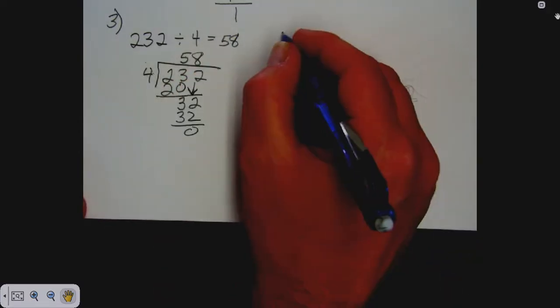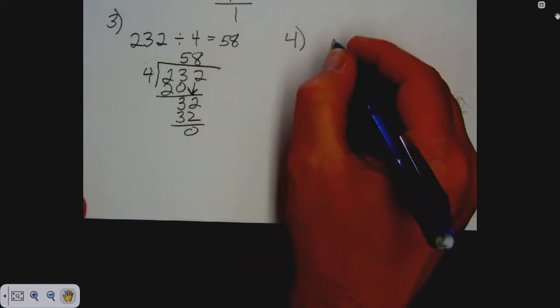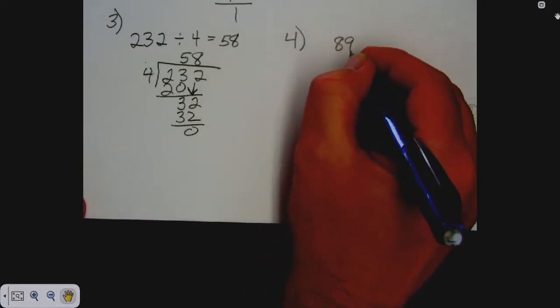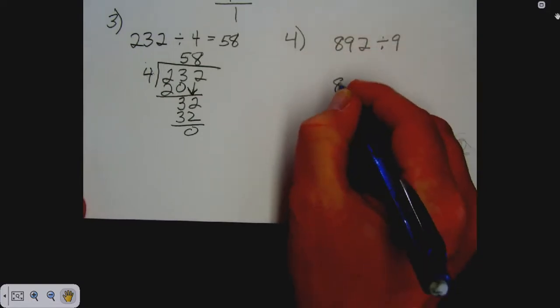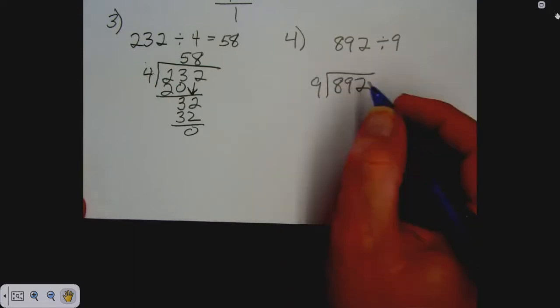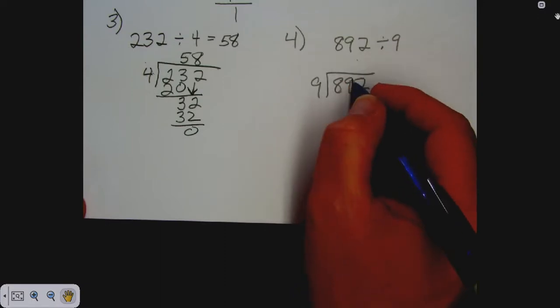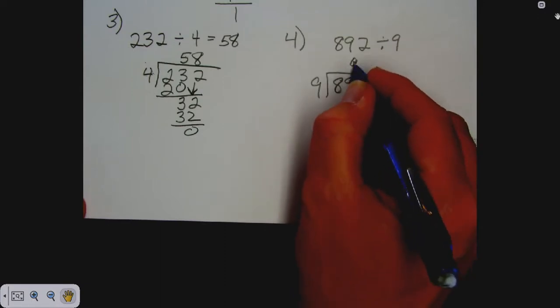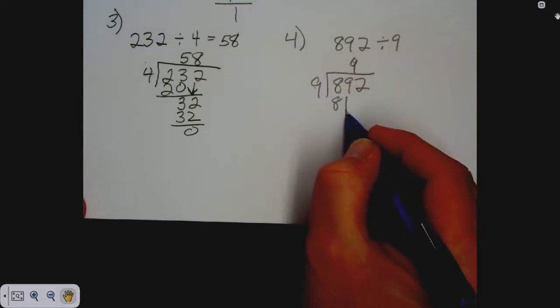I'm going to do a final one right over here. So number 4, I have 892 divided by 9. 9 doesn't go into 8. 9 does go into 89. It goes in 9 times. 9 times 9 is 81.